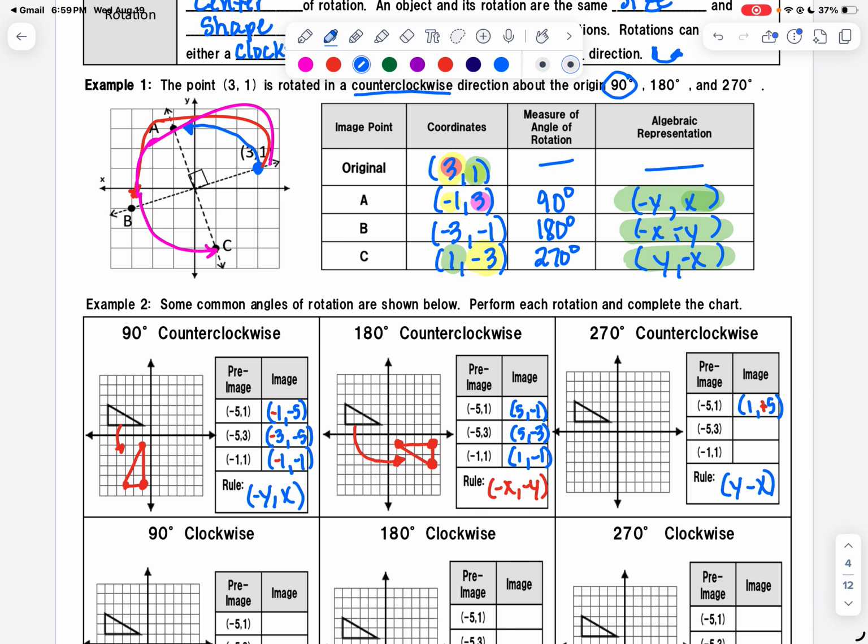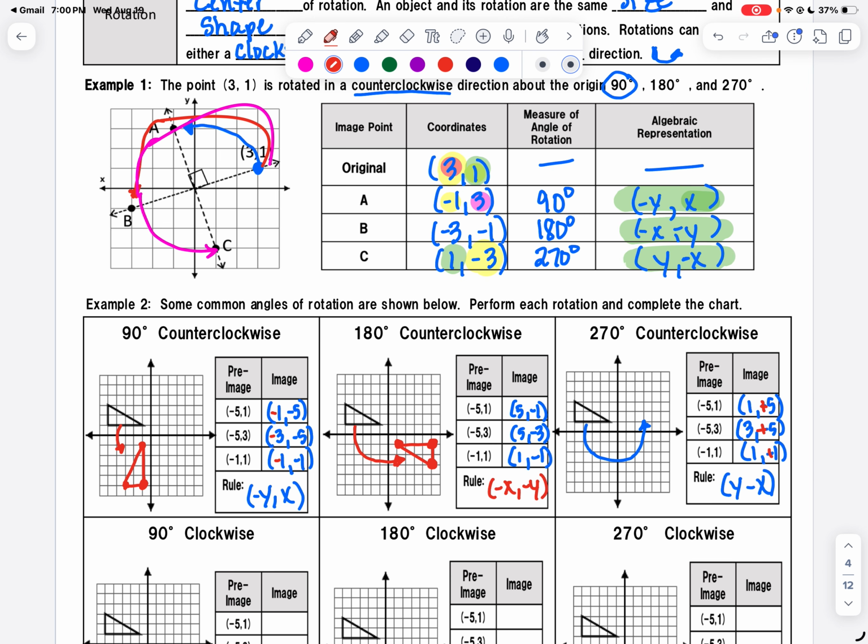All right, next one, swap places, 3, negative 5, then change the sign on the original x. All right, negative 1, 1, swap, and then change the sign on the original x. All right, now 270 counterclockwise would mean one turn would be in this quadrant, 2 turns would be in this quadrant, 3 turns would end up here. So let's plot that and see what happens.